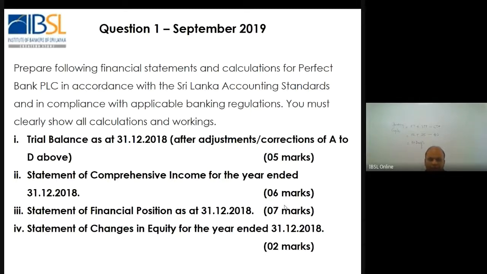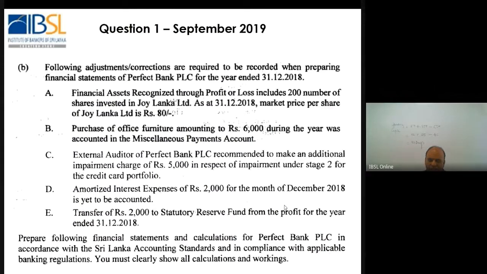Part number 1, they ask you to prepare a trial balance as at 31/12/2018 after adjustments or corrections A to D above. So what do you mean by adjustments or corrections? Yes, I have already told you. Now, in this question, they have given 5 adjustments, A to E. So you have to incorporate all these 5 adjustments into your financial statements.